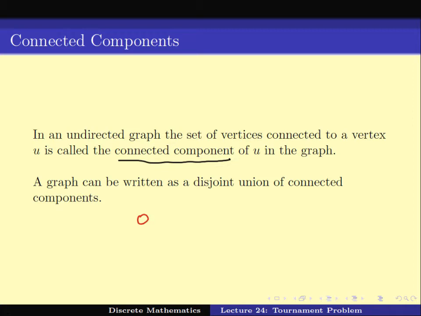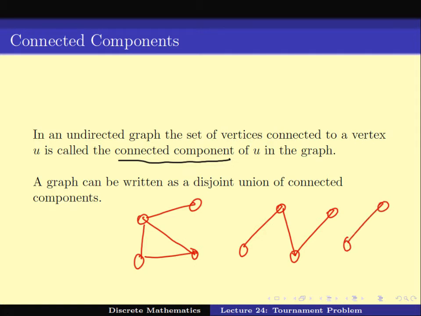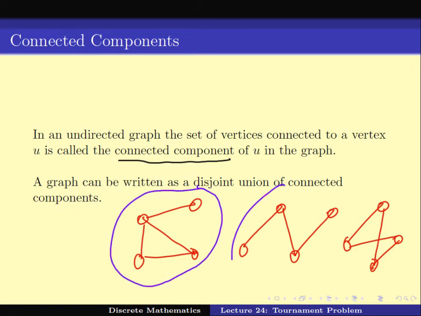For example, if I have a graph like this, note that if this is the whole graph, then the connected components are: this is one connected component, this is the other connected component, and this is the other connected component. There are three connected components here.